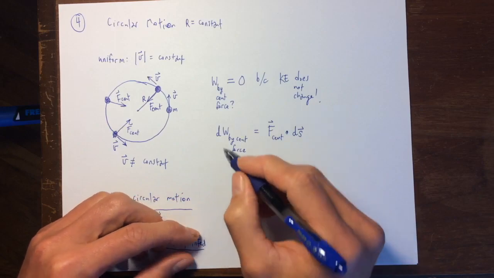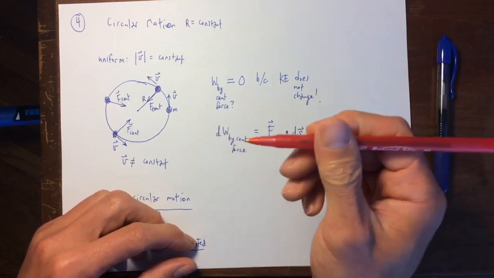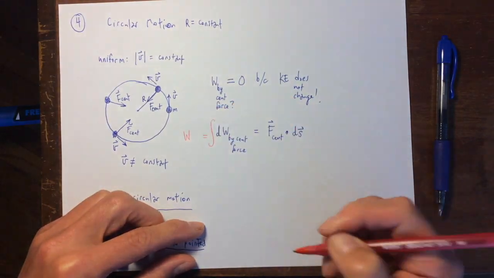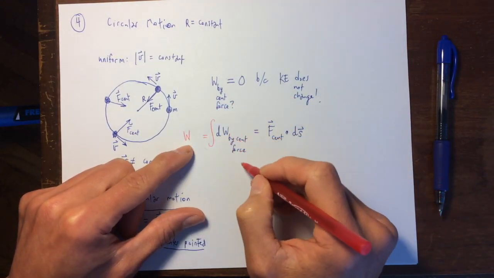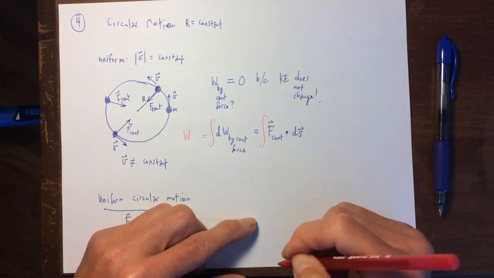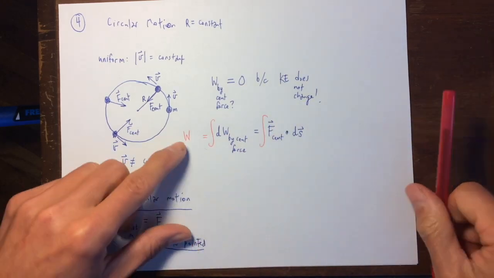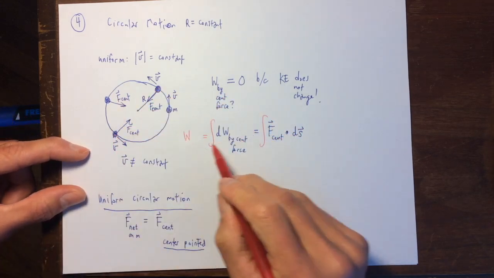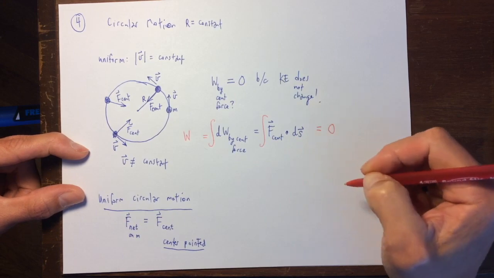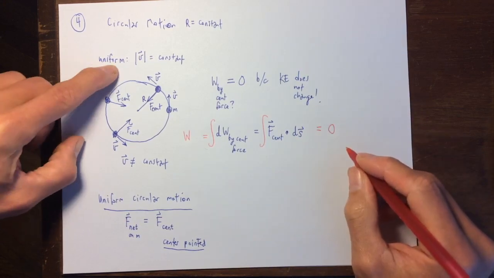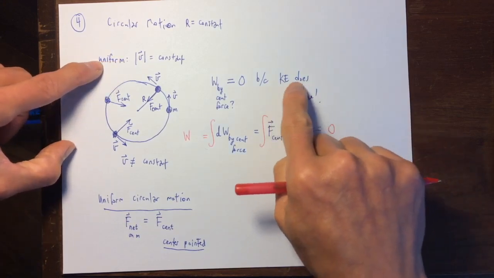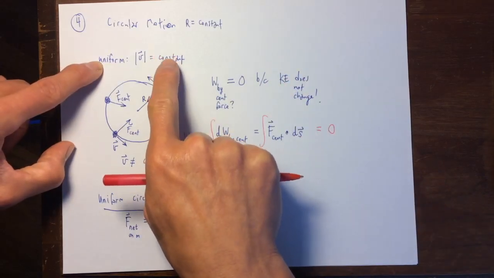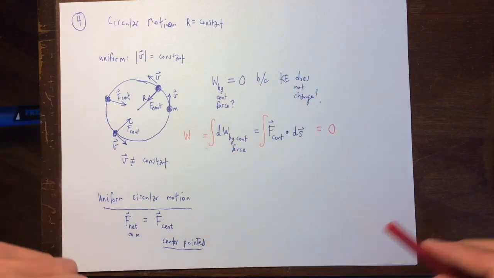And secretly, if I add up, I will get all of the work done by the centripetal force. So that's adding it all up. And this will always add, no matter where you put initial and final, it will always add to zero. That's always going to be the answer in this uniform circular motion case, because the kinetic energy never changes, right? No matter what's initial, what's final, kinetic energy never changes.